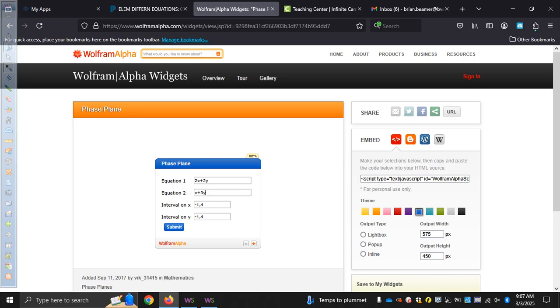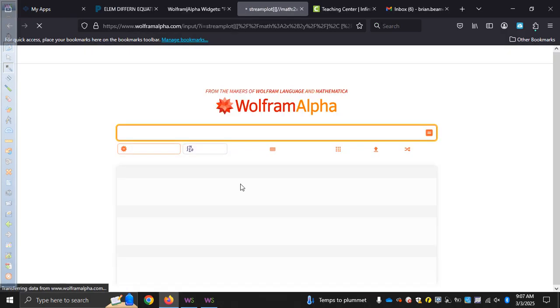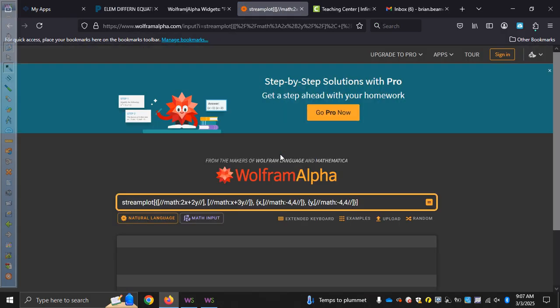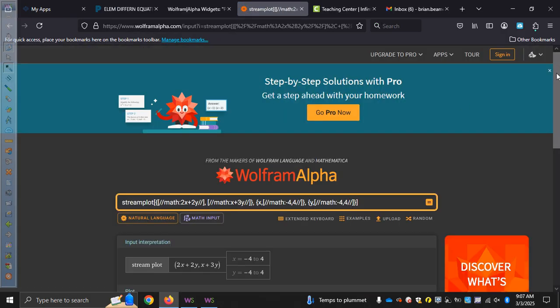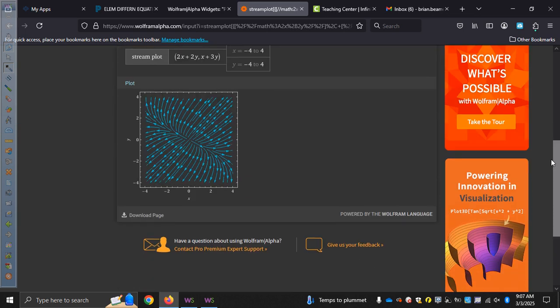And I'm going to go from negative 4 to 4, just so we have a nice symmetric plot. And there is our phase portrait.